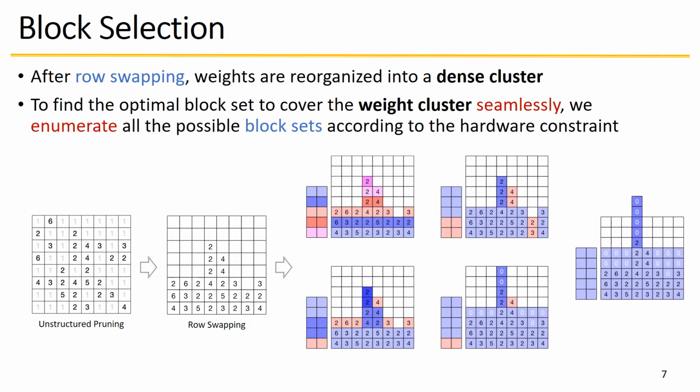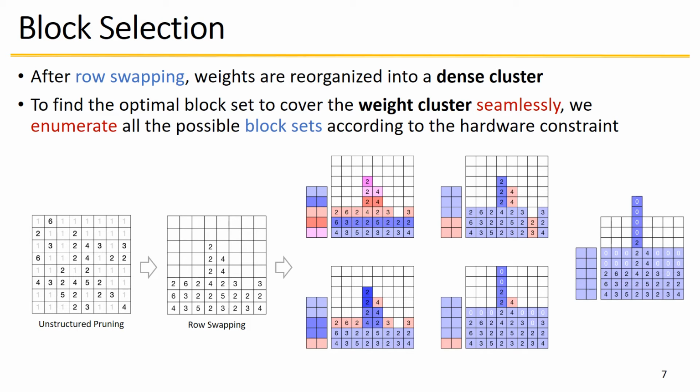The weight matrix after row swapping forms a dense cluster with an irregular shape. Therefore, it is difficult to find a single block to cover this irregular weight cluster seamlessly for the efficient implementation known as systolic array. To solve this problem, we propose to use different sizes of blocks to cover the reorganized weight matrix seamlessly.